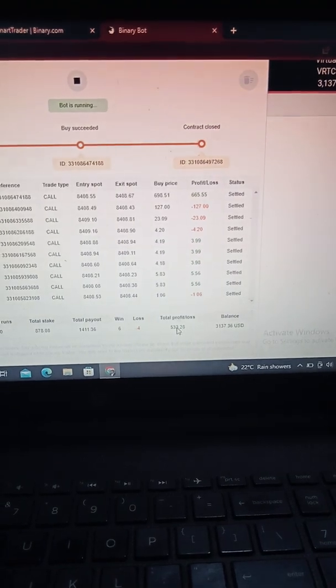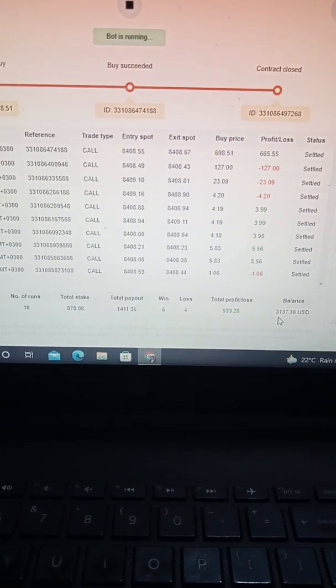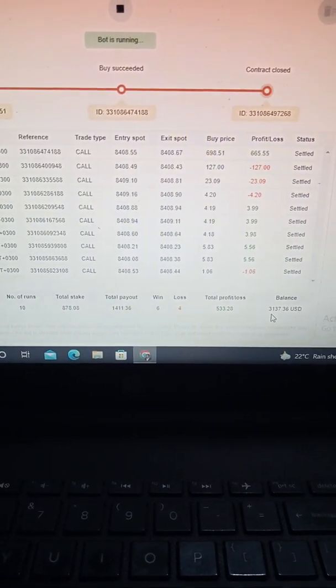Well, overall, for the 10 runs, we have a profit of 53,000 Kenyan shillings. Well, that is 533.28 USD. As you can see, the bot has high winning rates and lower losing rates.